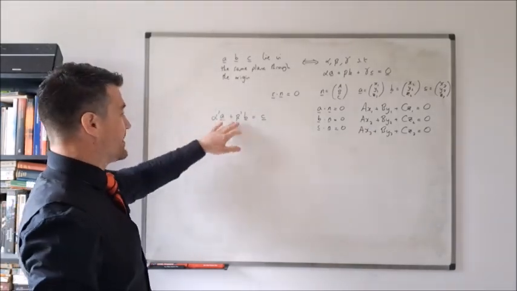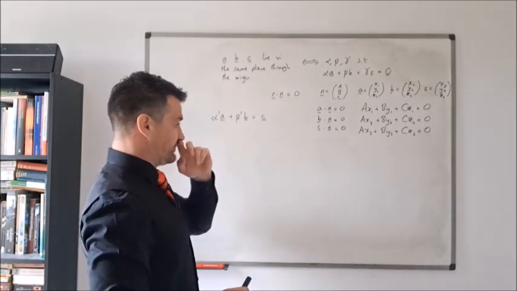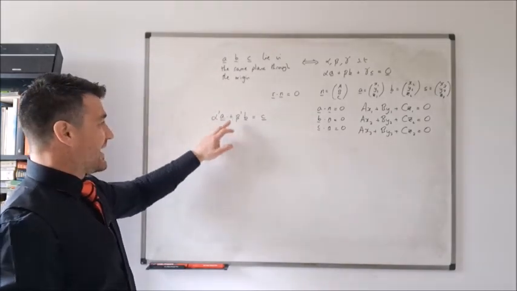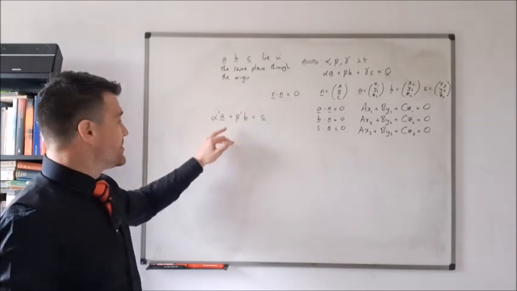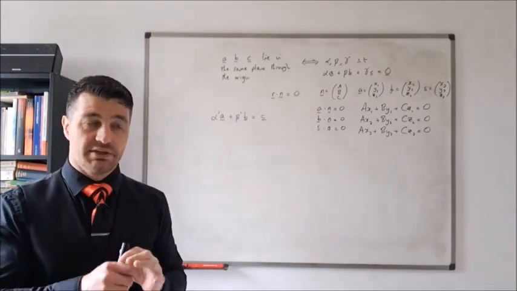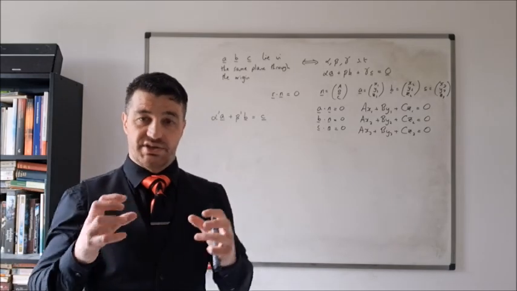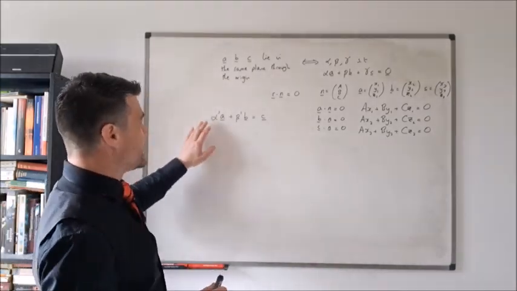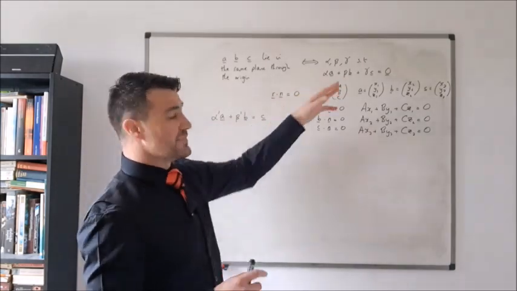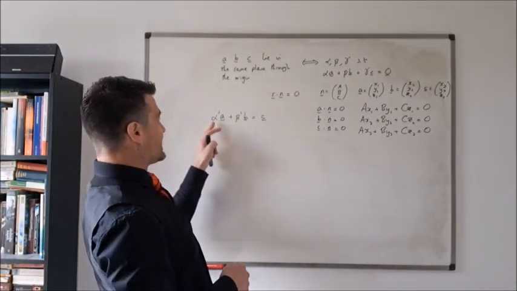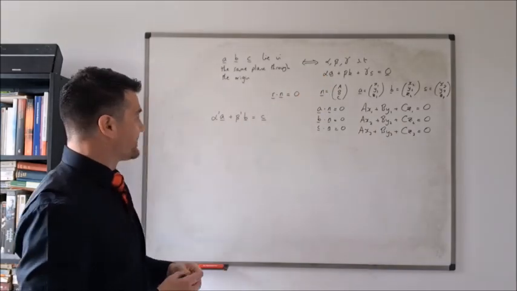I'm using alpha primed and beta primed because although I'm going to be looking to find specific values for these, and I could use these as my alpha and beta up here, I'm going to change the values slightly. So there will be a relationship between alpha primed and alpha, and beta primed and beta. But I'm not going to be using alpha primed in place of alpha.